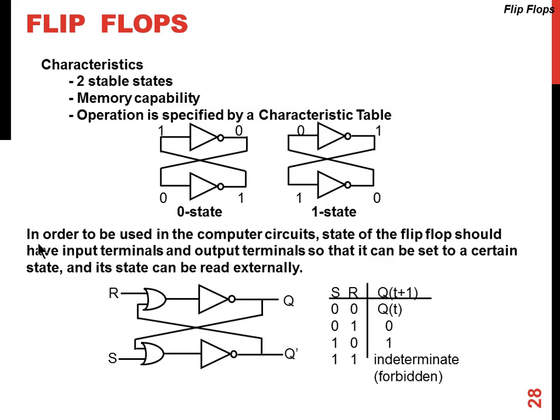A flip flop is a circuit which can be represented by this truth table here. The difference between a sequential circuit and a combinational circuit is that there is a memory component involved in a sequential circuit, where it will remember the last value of the output that was generated.